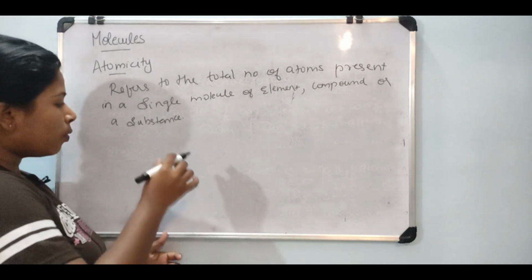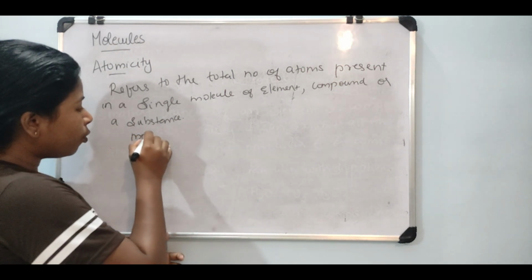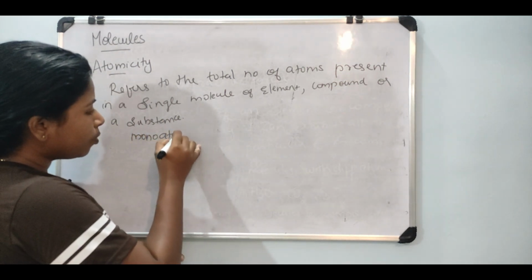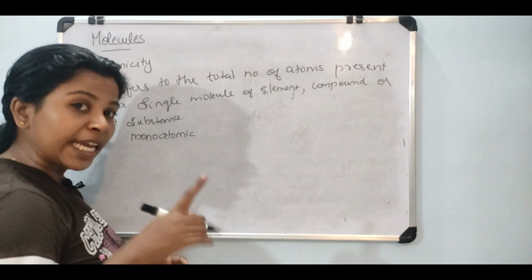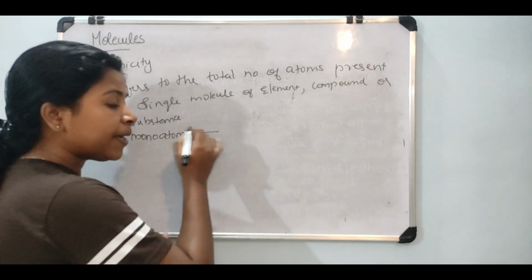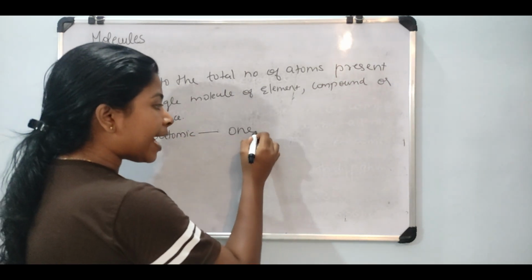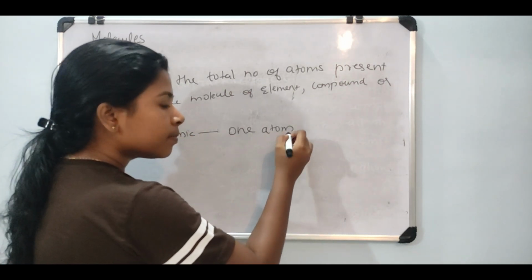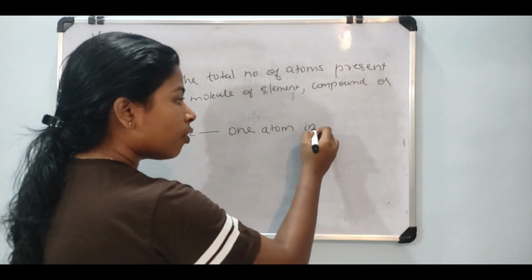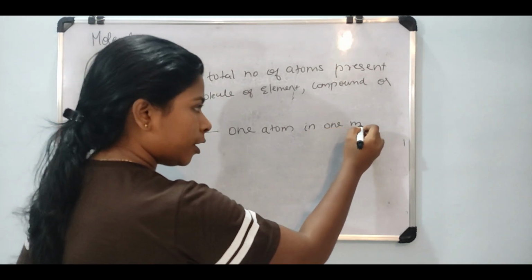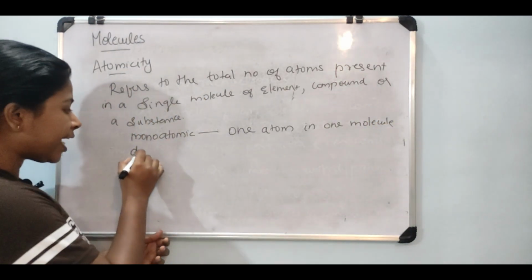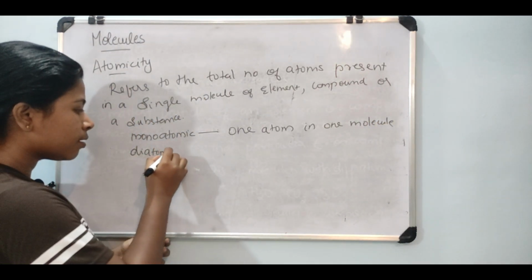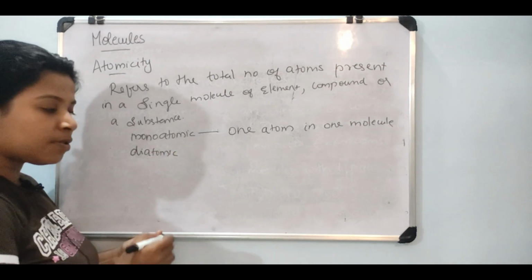Okay, which means, what is the meaning of monoatomic? How many atoms will be there in one molecule? There will be one atom in one molecule. What is the meaning of diatomic? How many atoms will be there?